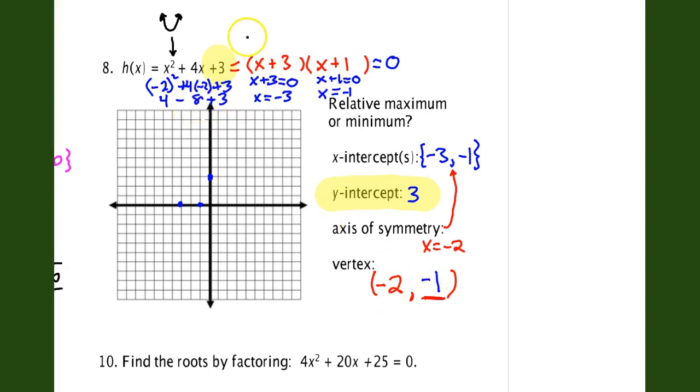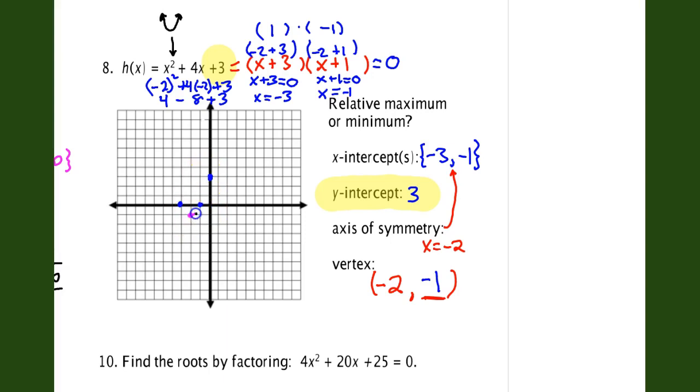Now also, if I plug -2 into here and here, and add 3, and then here add 1 to it, we'll get 1 times -1, which also equals -1. So it doesn't matter which form you plug it back into. But we do know now that my vertex is at -2, -1 right here.